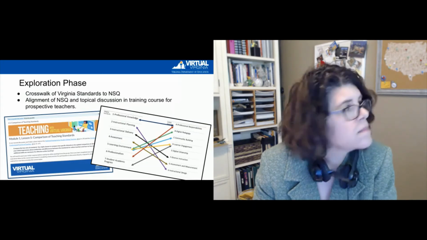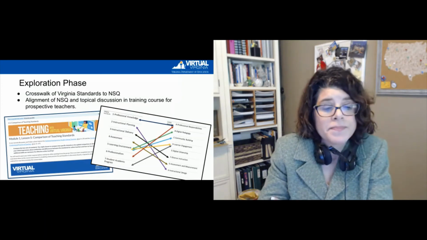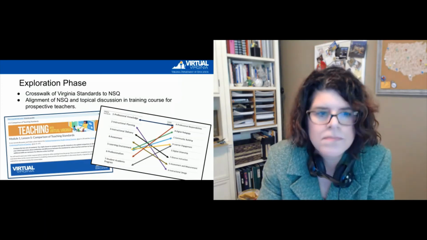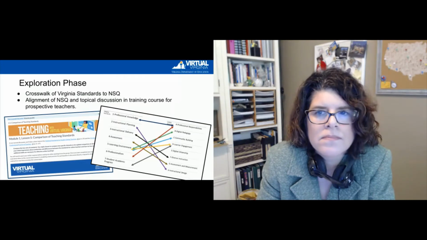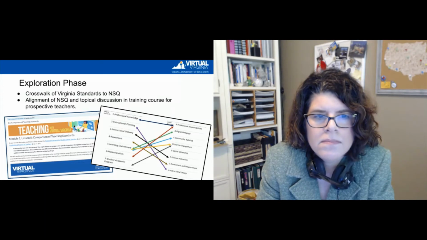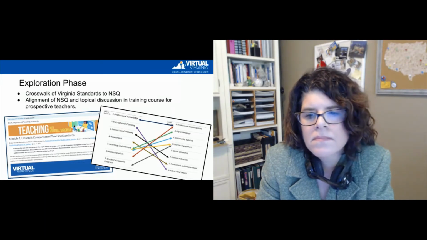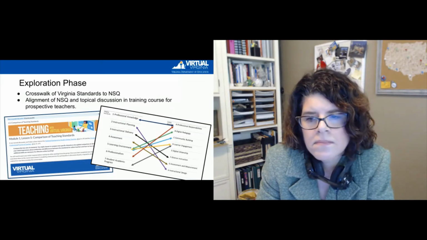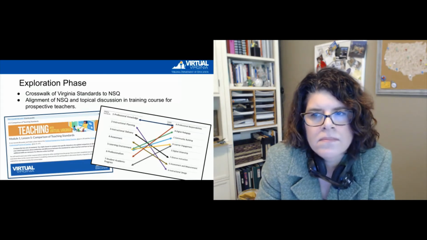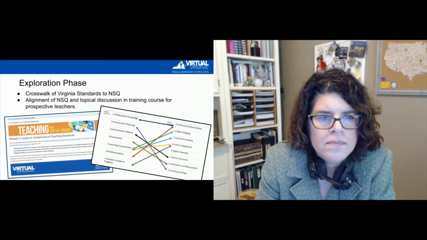They also began taking a look at their orientation course. How do they train prospective new online teachers? They started to show alignment to that orientation course to see if there are missing holes or gaps, or just to represent that the activities teachers were doing were best practices for quality.